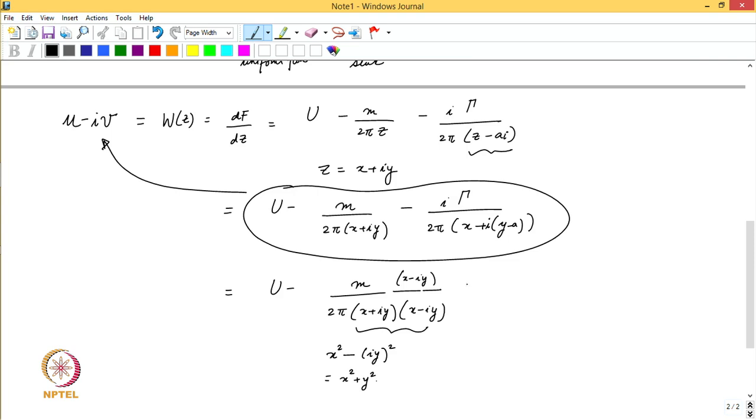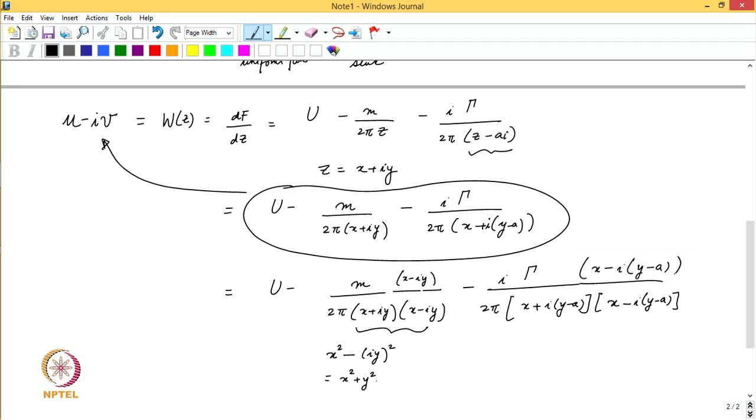That is what we are going to do with the second part as well. We will write this as 2 pi times x plus i times y minus a, multiply that by x minus i times y minus a, and the same thing in the numerator.